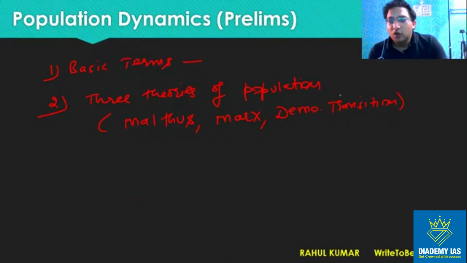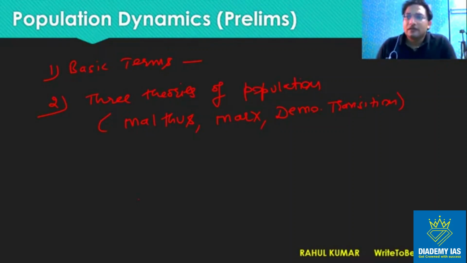Many of these things are not in the study material, and you will get a lot of information, conceptual things in this particular discussion, and I will give you a copy of this PPT after this class.